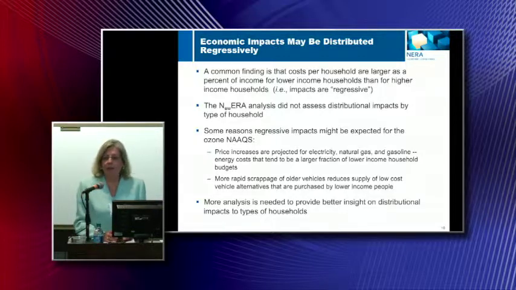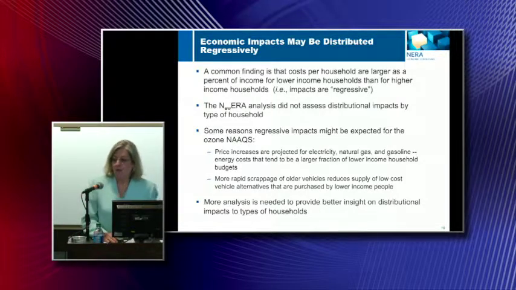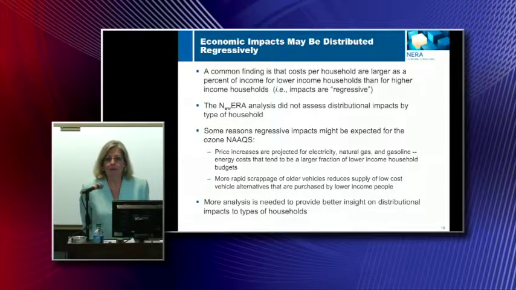Now, we could not analyze this with the tool that we used for this analysis. We do not have income groups in our tool. It would be a nice extension of our model to have more than just an average household in each region, but we've never been able to find the wherewithal to invest to make that adjustment.